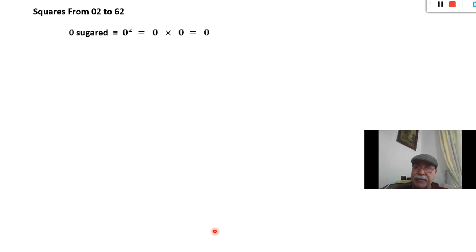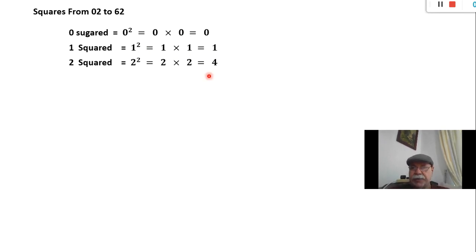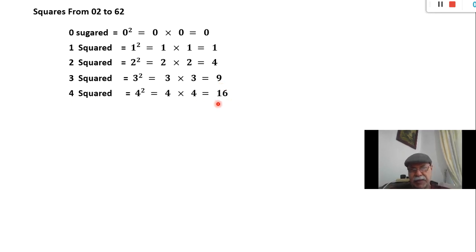Like this exactly, you see 0 square. In the mathematical language, 0 square is 0 times 0 is 0. 1 square in mathematical language is 1 times 1, meaning 1. 2 square is the same. 3 square is 3 times 3 is 9. 4 square is 4 times 4 is 16.